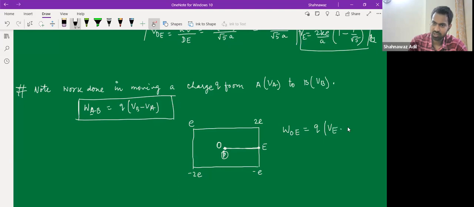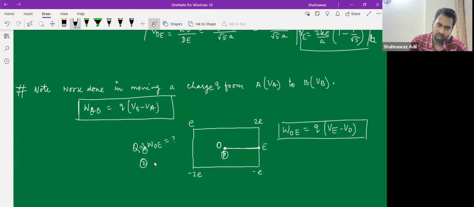So the question is that we have to calculate VOE, and also calculate, let's say, the work done by the electric field. You guys know that this would be simply minus of the work done by the external agent, that is minus of Q VOE. So take this as your homework. Is that clear?